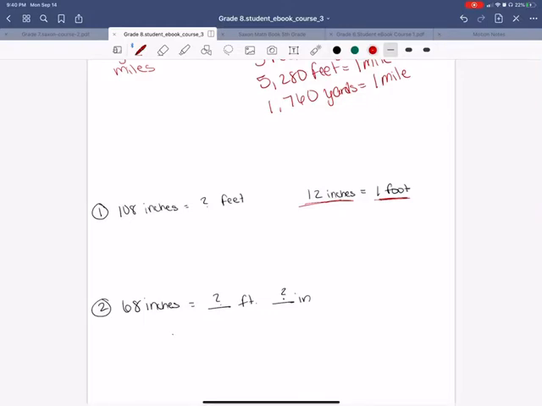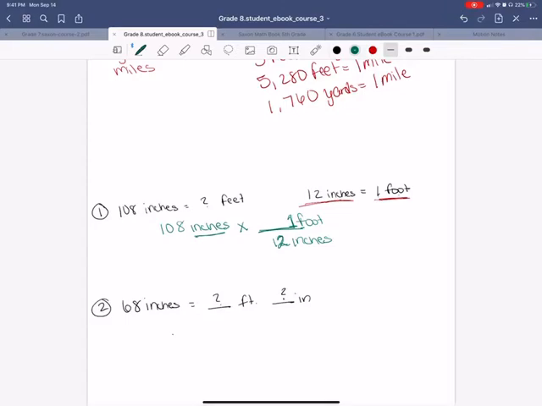So we're going to say we have 108 inches times, with inches in the denominator and foot, or in some cases feet, in the numerator. It's always going to be 1 foot equals 12 inches, right?